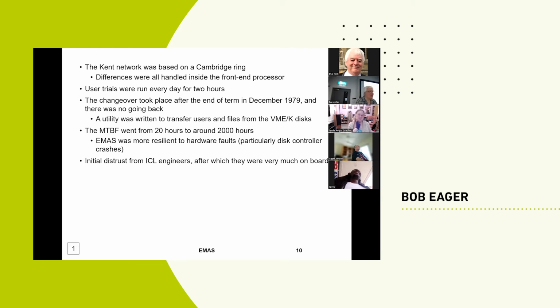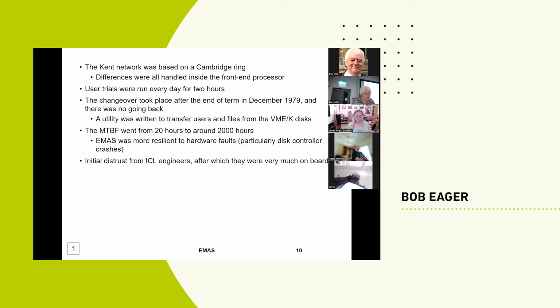What EMAS did was, for example, a good example of how bad VME/K was. The memory system on the 2960 used Hamming correction codes, which basically means that if you have a single bit in error in the memory, the hardware will detect that and correct it for you automatically, but tell you that it's had to correct it. If there are 2 bits in error, then it has to just crash. Can't do anything else.